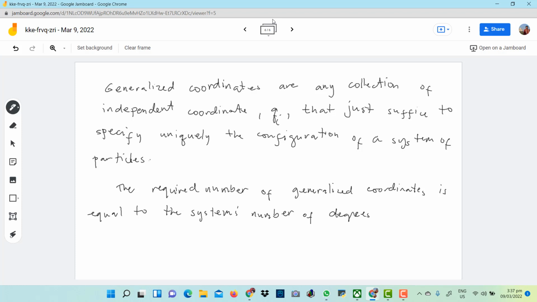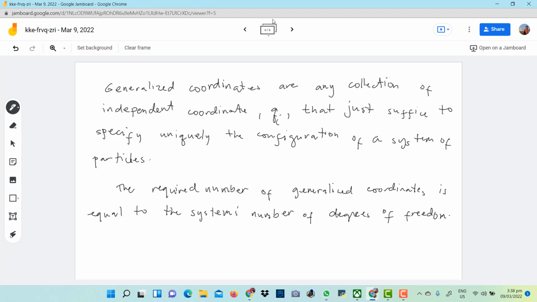But if I have equations of constraints, then you subtract the number of equations of constraints in your system. If I have a free particle, I have 3 degrees of freedom, so I have 3 generalized coordinates: q1, q2, q3, or x, y, z, or r, theta, phi, or rho, theta, z in cylindrical coordinates. Okay? So take note, the generalized coordinates are equal to the number of degrees of freedom.